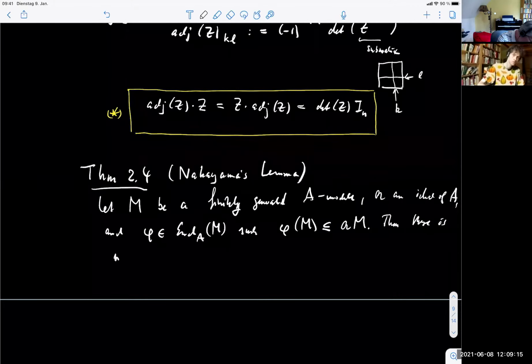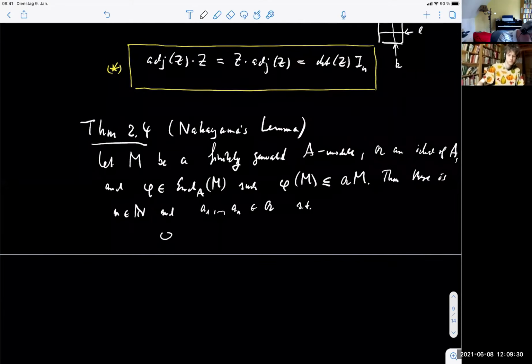So then there is a natural number n, and there are coefficients a_1 up to a_n in the ideal, such that phi to the n, where by phi to the n I mean n-fold composition, plus a_1 phi to the n minus 1, plus etc., plus, let's put the last term separately for clarity, a_n.